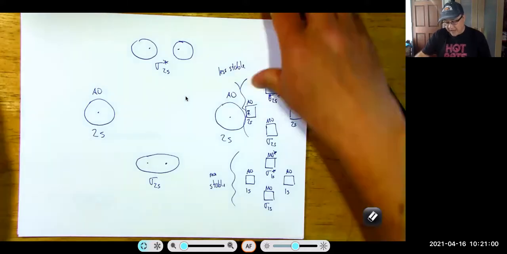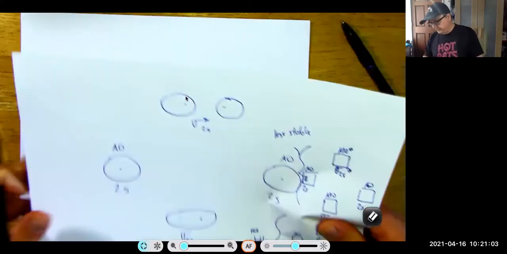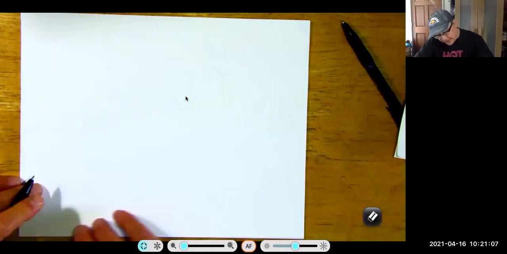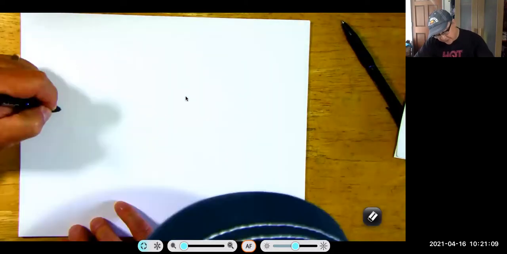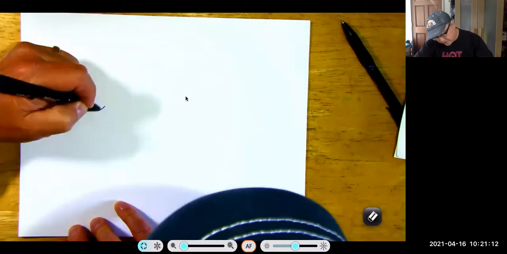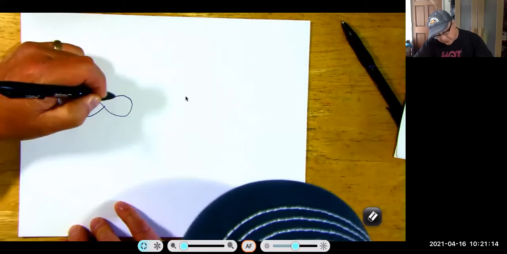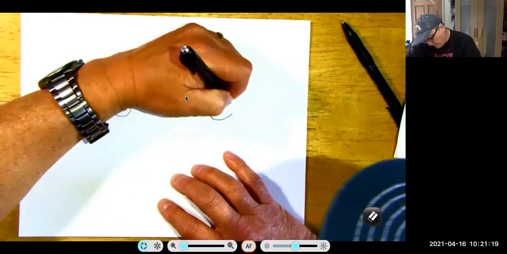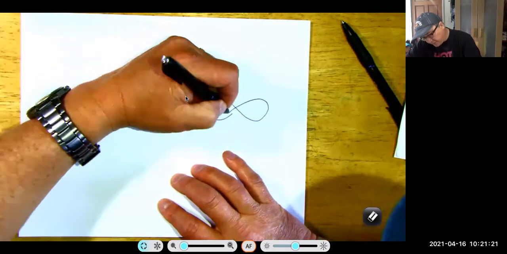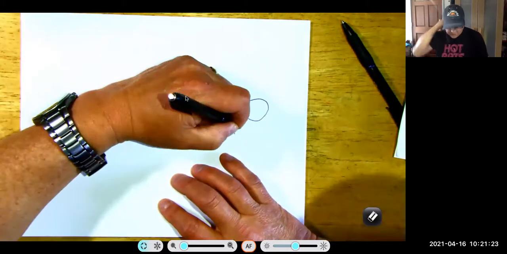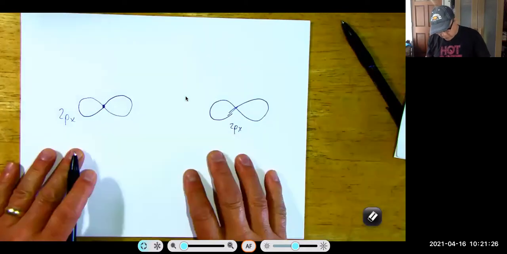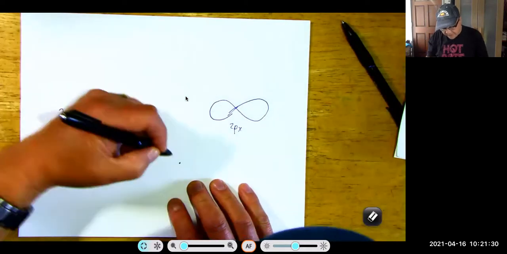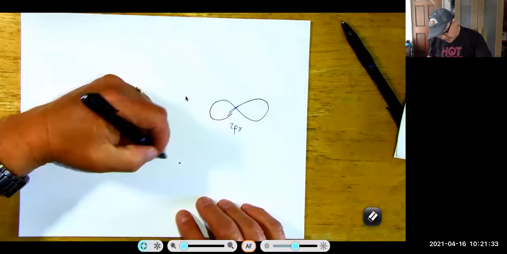Now let's take a look at what happens when we do a 2px and a 2px. So here's a 2px, looks like this, and there's the nucleus. And here's another 2px. So what do the MOs here look like? Well, they actually look like this. We would combine these two together and we'd get this.